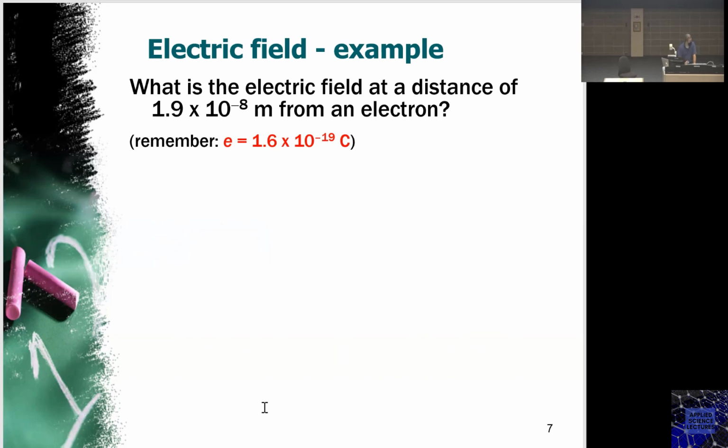So my capital Q here, the one that is generating the electric field, is an electron, minus e, which is -1.602 × 10^-19 Coulomb. And the distance here is R, where R is 1.9 × 10^-8 meter.